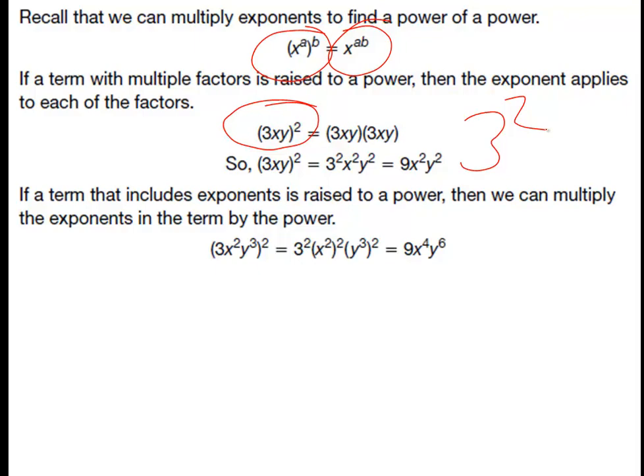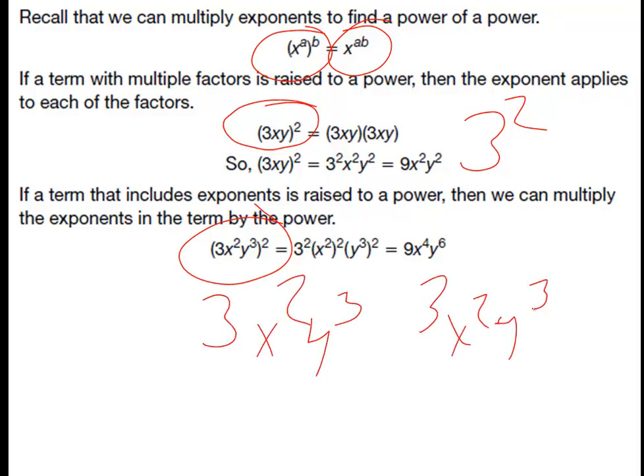When we pull those out, we have 3 times 3 is 9, and x times x is x squared, and y times y is y squared. So that's what we do. We take 3x squared y to the 3rd, and we multiply it by 3x squared y to the 3rd, because the whole thing is squared because it's in parentheses.